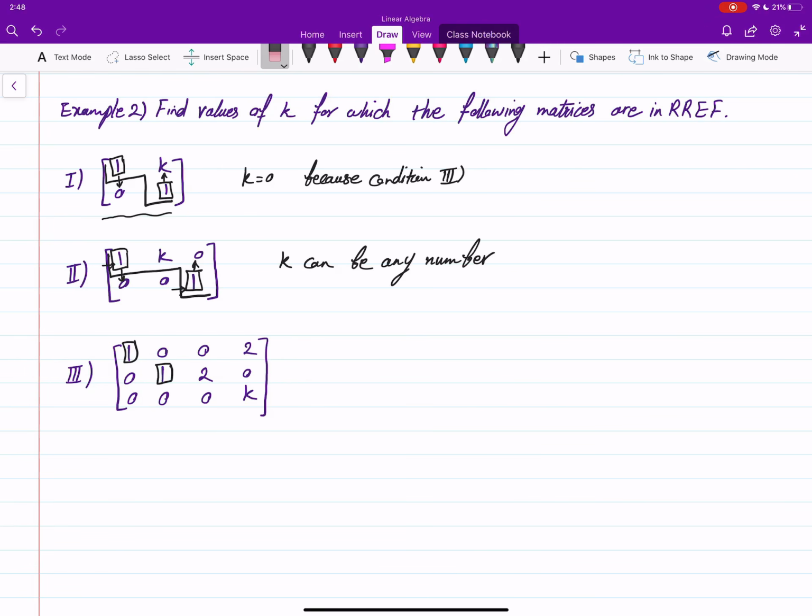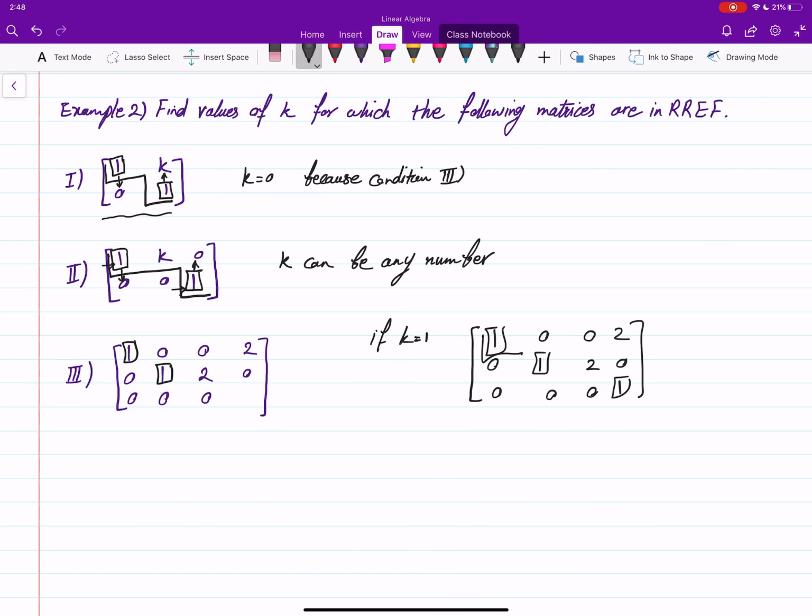But let's say k is 1. Then our matrix will be 1, 0, 0, 2; 0, 1, 2, 0; and 0, 0, 0, 1. Well, everything is nice.